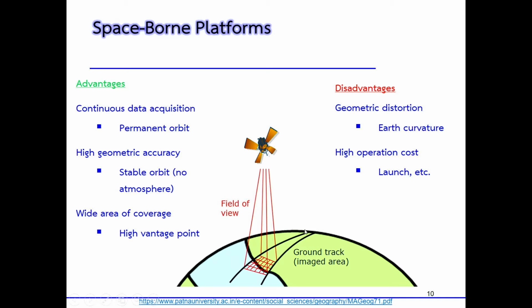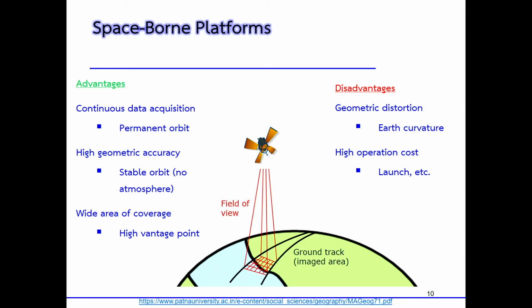First, the orbit is quite permanent, they go exactly the same way. For example, Landsat always goes back to the same area every 16 days.